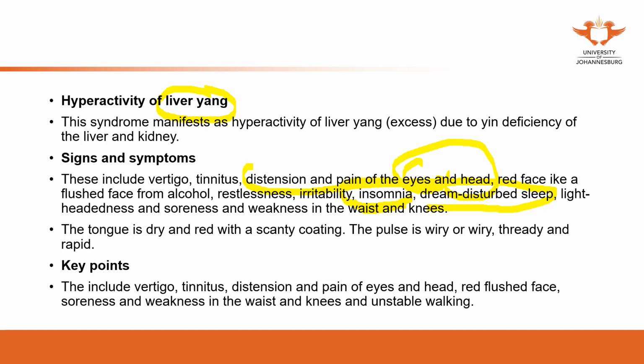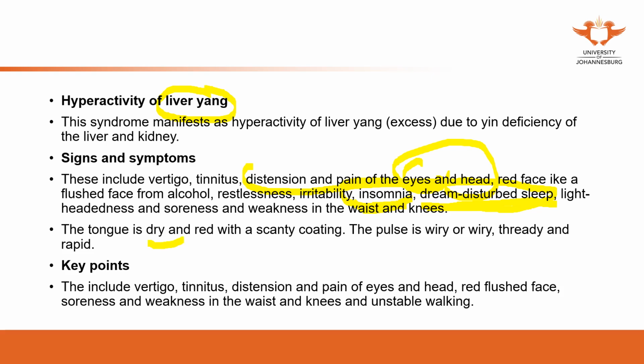So when you study the hyperactive yang, you can compare it with the upflaming of liver fire. These two are heat: one is excess heat, the other is deficiency heat. The patient may present with insomnia and disturbed sleeping, but the treatment will be very different.